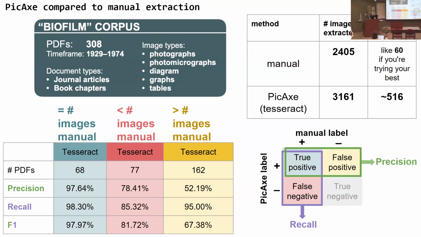We have some pretty good results for precision and recall for each of the categories. Obviously, for the cases where it extracts more images than a manual extractor, the precision is lower because there are a lot of false positives. And then the recall of cases where it extracts fewer images than a manual extractor is a little bit lower, and that makes sense because there are more false negatives, but generally we're happy with the recall.